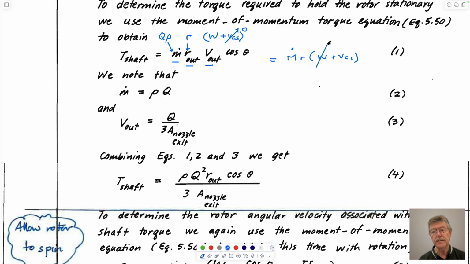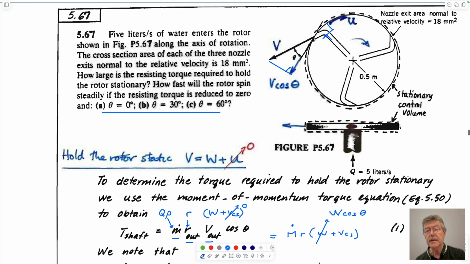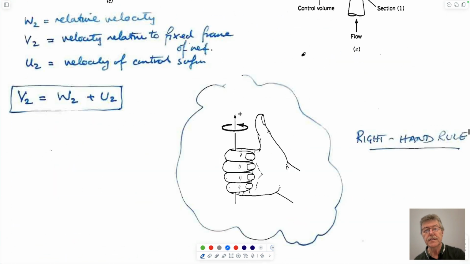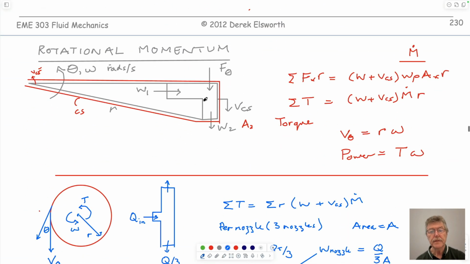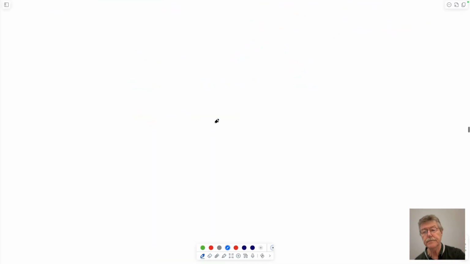We need to convert this W into, I guess it would be W cosine theta, right? Because it's the velocity relative to, that's tangential to the control volume. Just as if we go back to this, this is tangential to our control volume. It's kind of in the x direction.